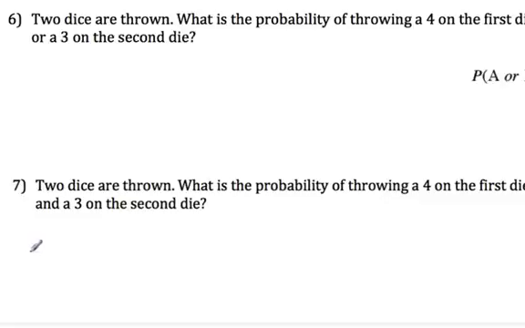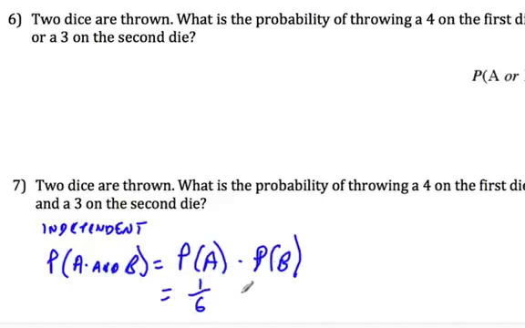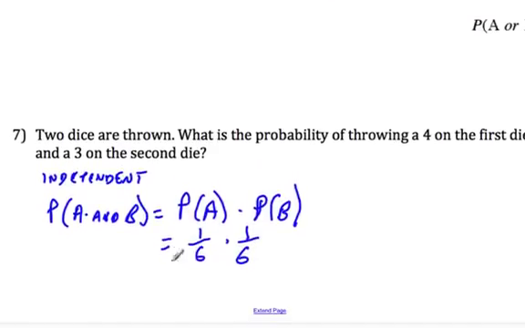Well, these are independent events because the result on one die is independent of the result on the other. So the rule for finding probability of independent events is the probability of A and B is equal to the probability of A times the probability of B. And so this is 1/6 probability of rolling a 4 times 1/6 probability of rolling a 3 on the second die.